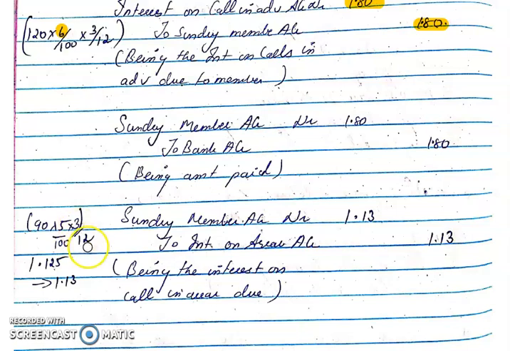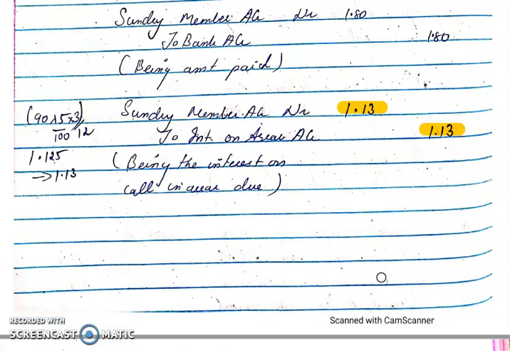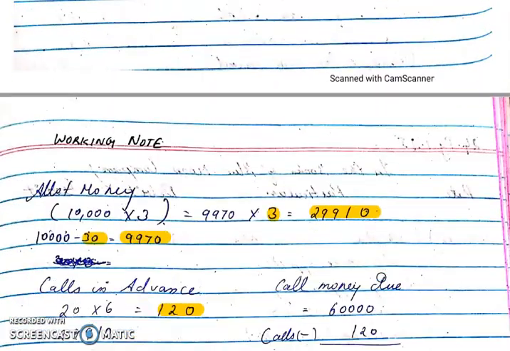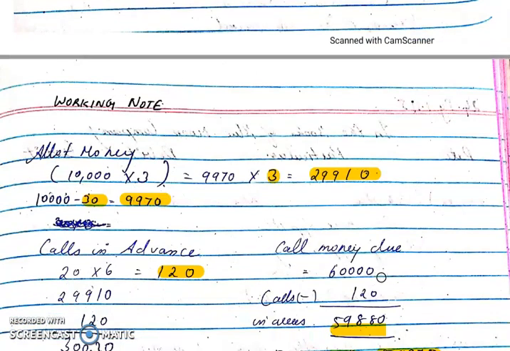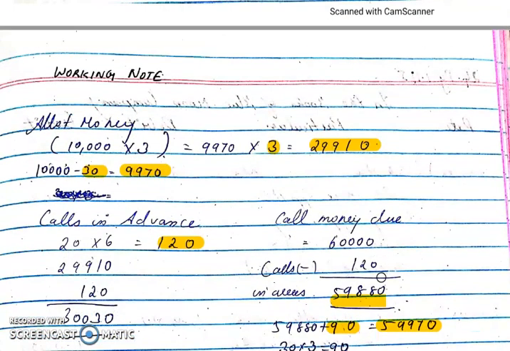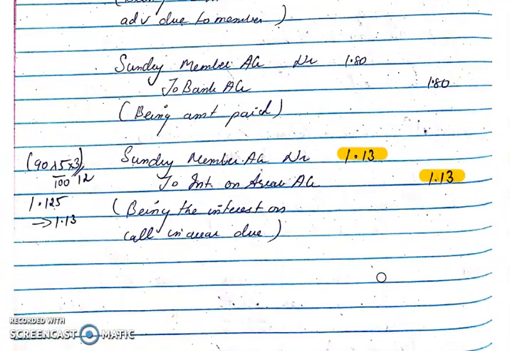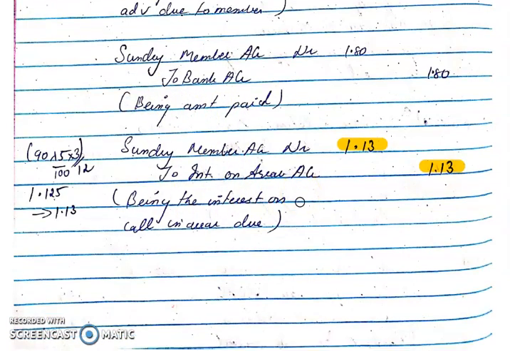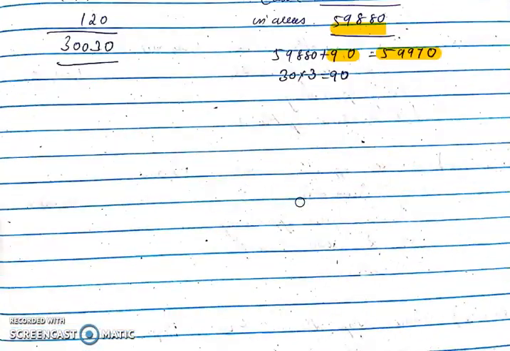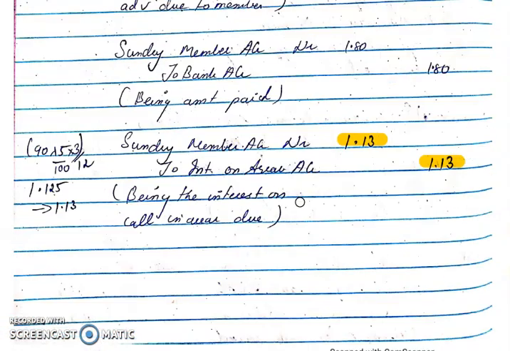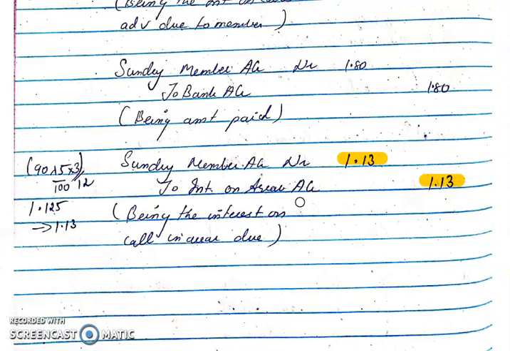So 3 you have to calculate, and 1.13 is the interest for calls in arrears, which the shareholder has to pay the company. So it will be bank account debtor to sundry member account. That entry alone you have to include here. So are you able to understand?